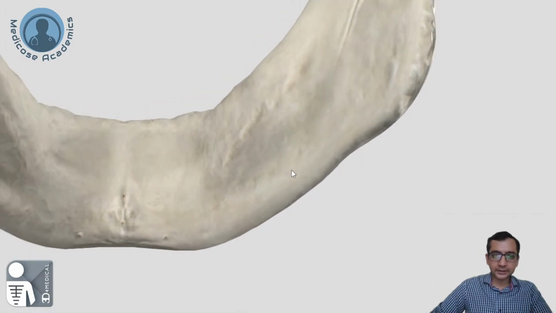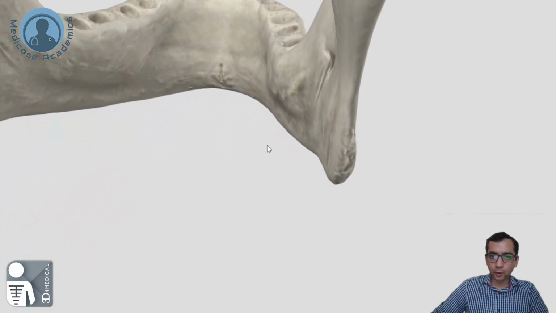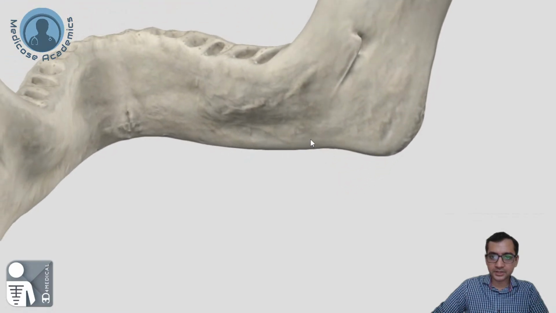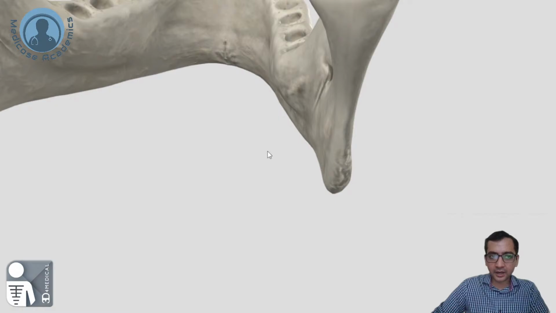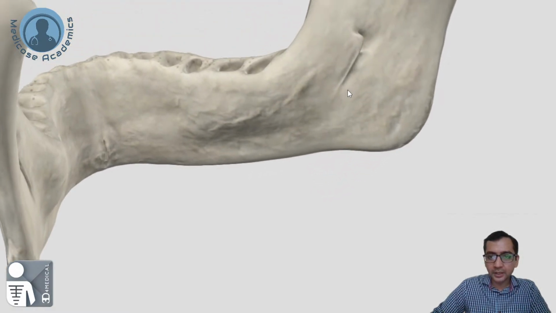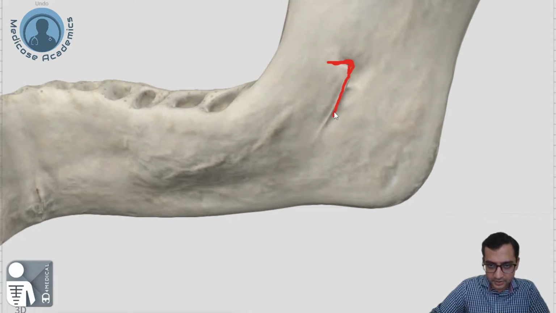Then there is this very interesting thing seen here. There is an opening right here. I have to come here to show you the opening because it is protected by this bony projection. Let's talk about this bony projection first.